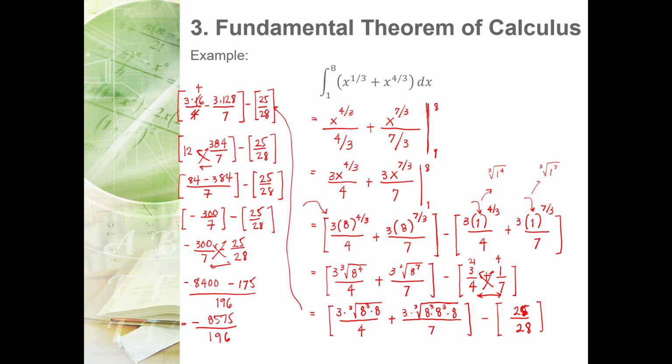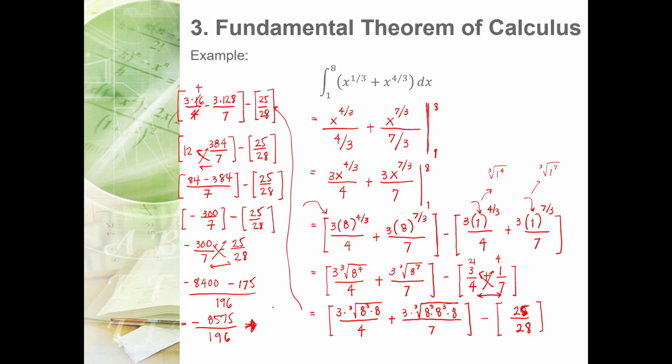If you're going to look at the final answer, you still need to observe if you can still simplify the fraction. I don't think you can simplify this one even further. Or if you can, I think this one is divisible by 7, so I'm going to try the calculator so we can move ahead.